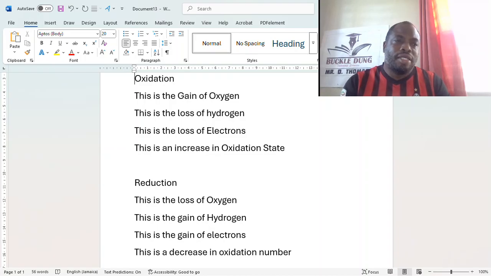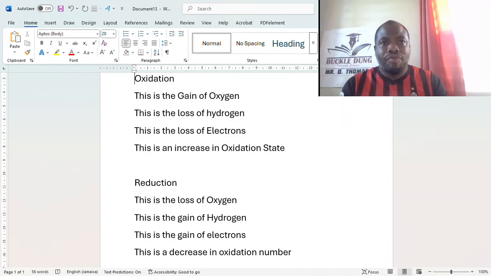Electrons are basically in the shell, but electrons are negative. And that will help you in the sense that students will often ask me, why is it that when the compound or the element is gaining electrons, it is being reduced?